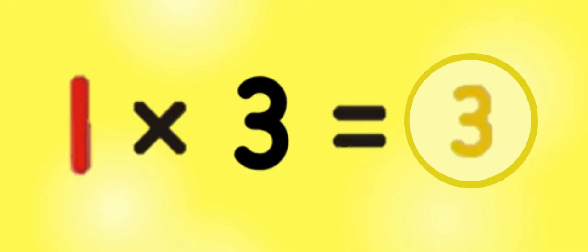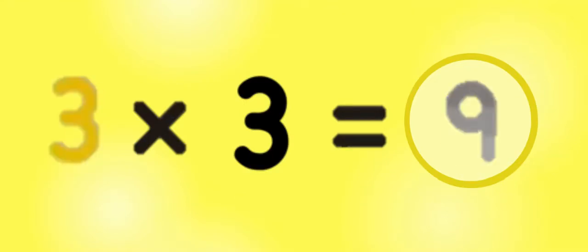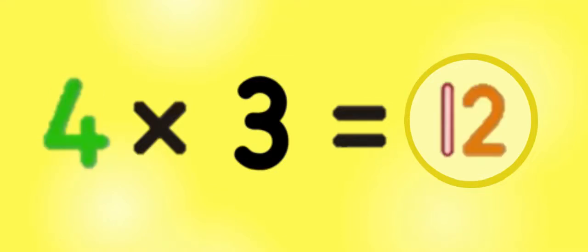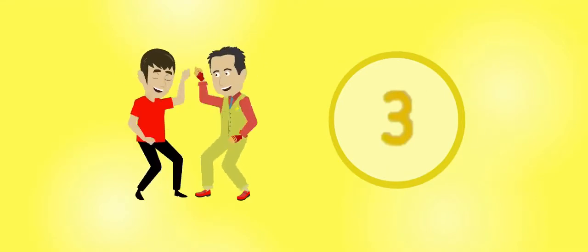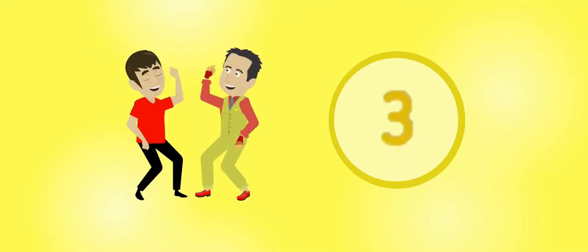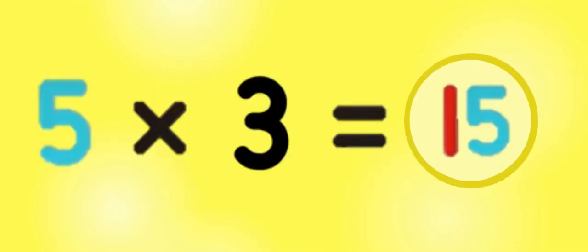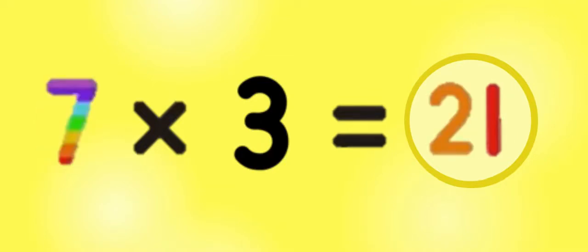One times 3 is 3. 2 times 3 is 6. 3 times 3 is 9. 4 times 3 is 12. 5 times 3 is 15. 6 times 3 is 18. 7 times 3 is 21.